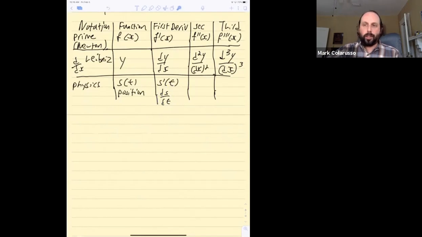So if you think of position as miles, s being in miles per t hours, then from the Leibniz you see miles per hour as a rate of change of position with respect to time in hours, but it's awkward to write sometimes. So then you could also have the second derivative of position, and then the third derivative of position.